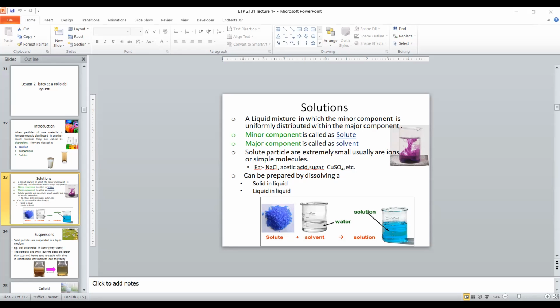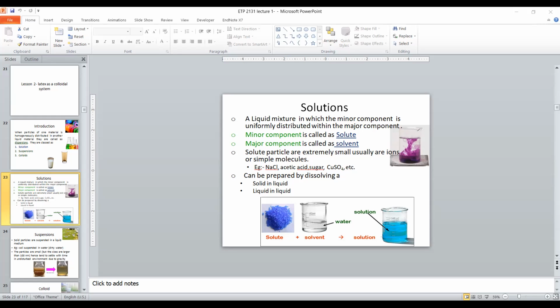What is this minor component? Just now I explained what the minor component is. The minor component is the particle that is dispersed in the solvent.